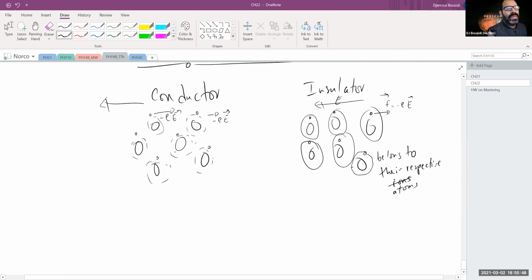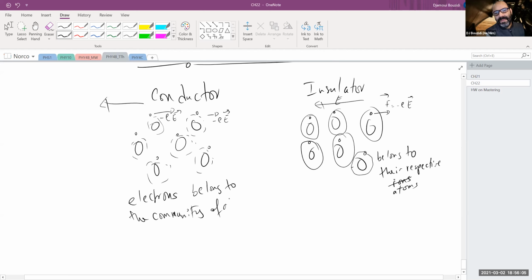The minute they see an electric field, these electrons, which belong to the community of atoms, not to a specific atom, can move at will in a conductor. That's why you have conductivity.